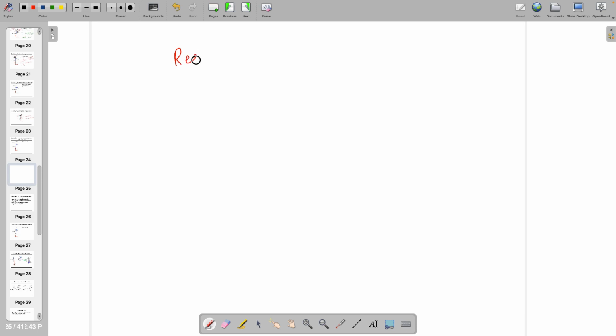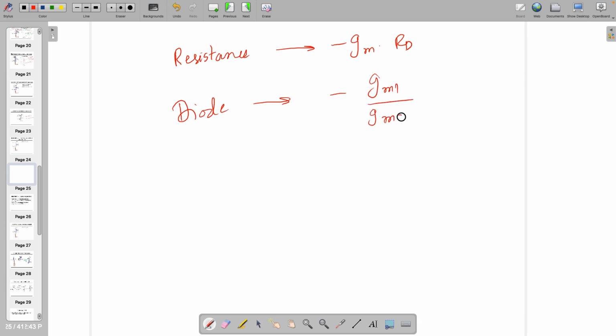One with the resistance, which has a gain of gm times RD. I'm not keeping ro, just for keeping things simpler. With the diode, which gives minus gm1 divided by gm2, and another with the current source as a load. In that case, I have seen minus gm1 multiplied by ro1 in shunt with ro2. So which configuration are you going to choose, and why, for having the highest gain?